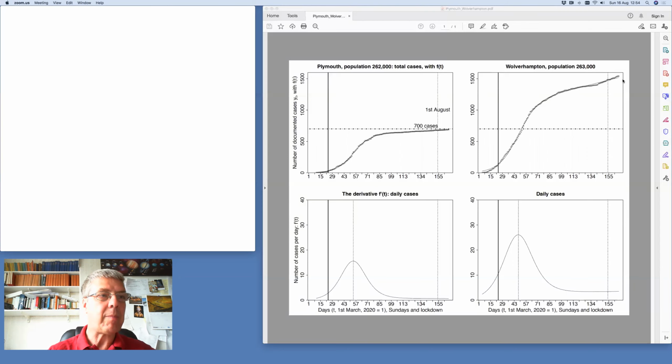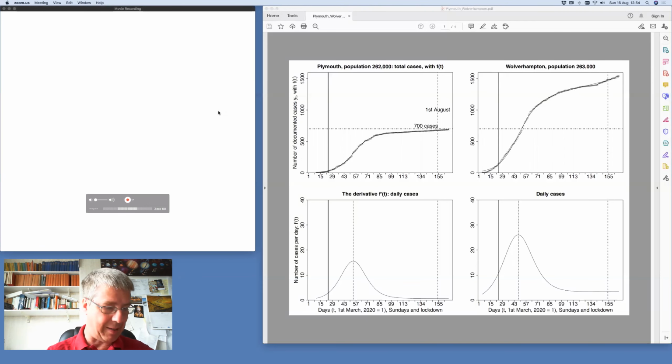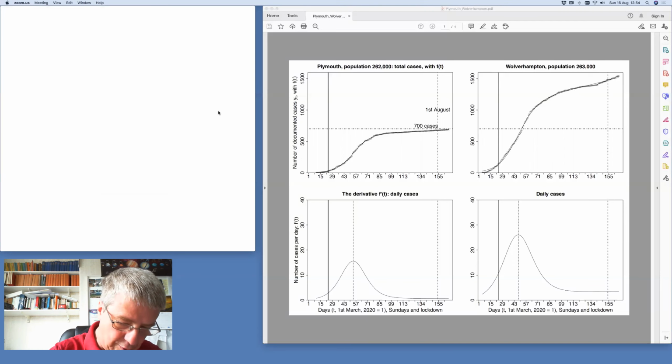So let's try to work with these data mathematically. And let's introduce some notation.